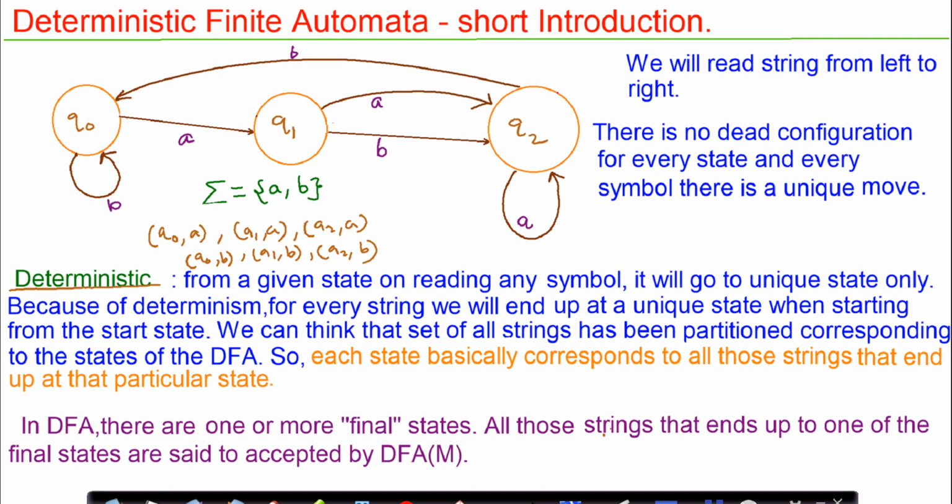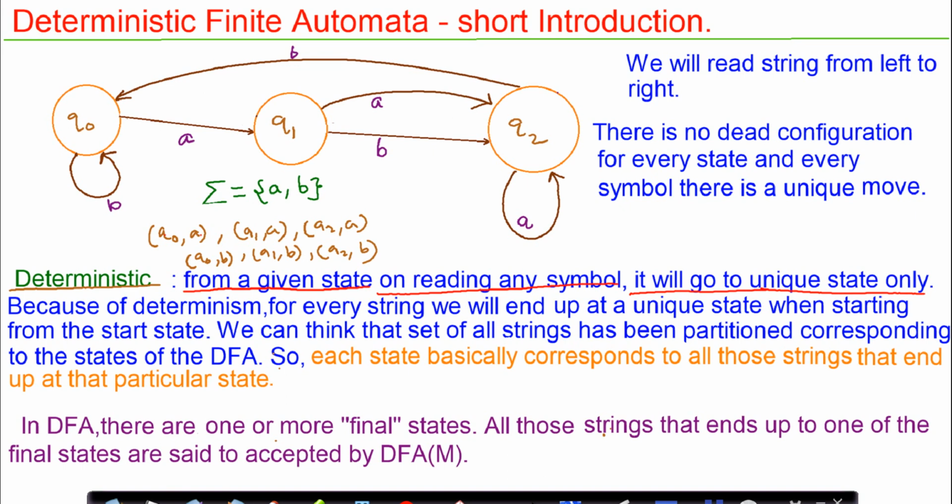You must have the logic for state transition, and that logic is going to be unique. That is why it is deterministic. From a given state, on reading any symbol, it will go to a unique state only. So Q0 on seeing an A will go to one and only one state.